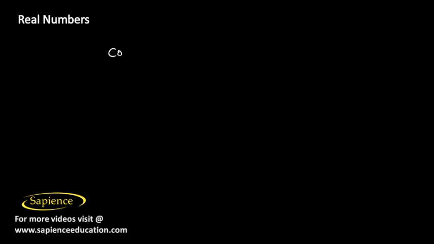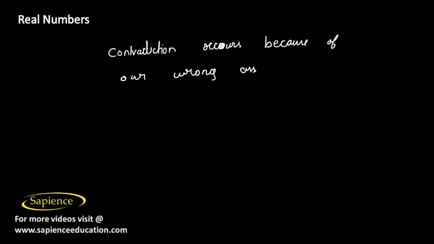So this contradiction occurs because of a wrong assumption. Hence, root 3 is an irrational number.